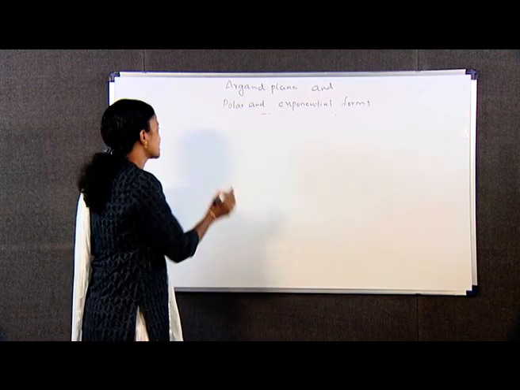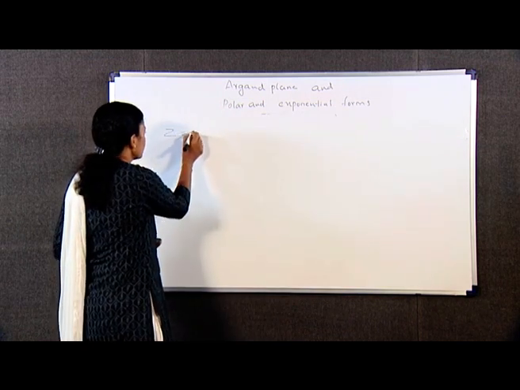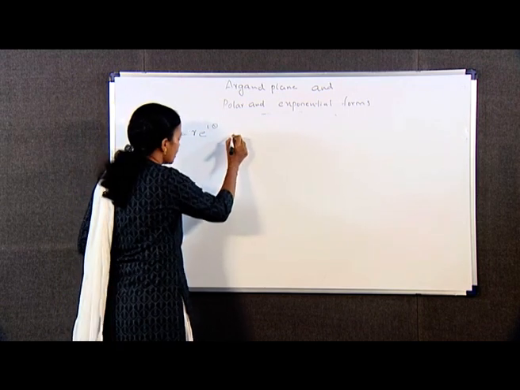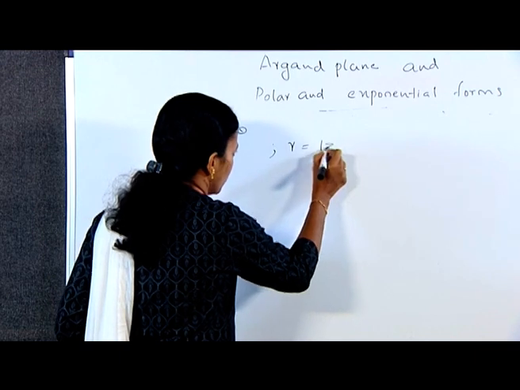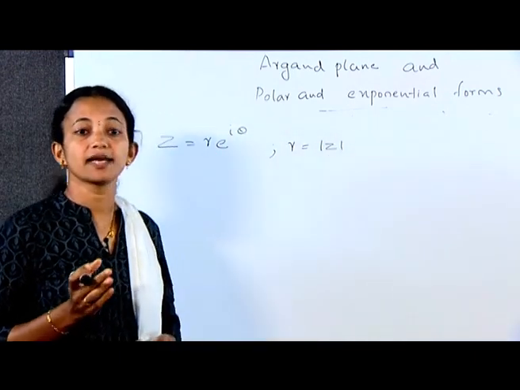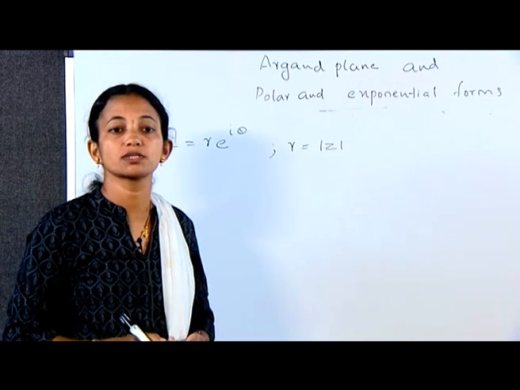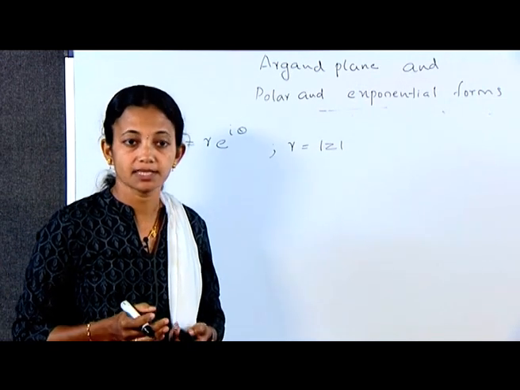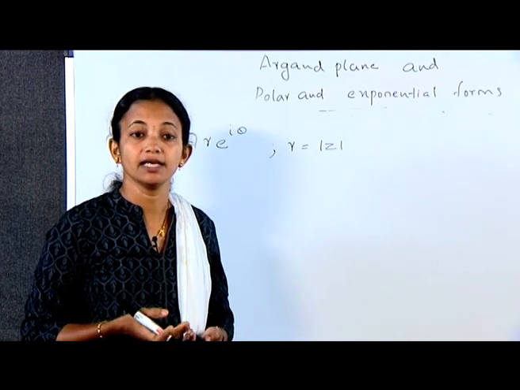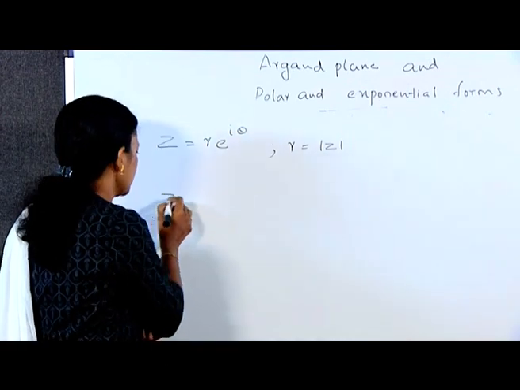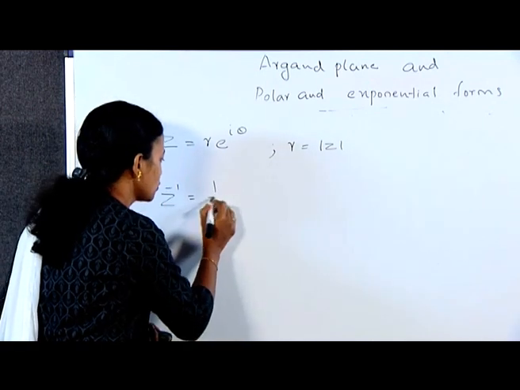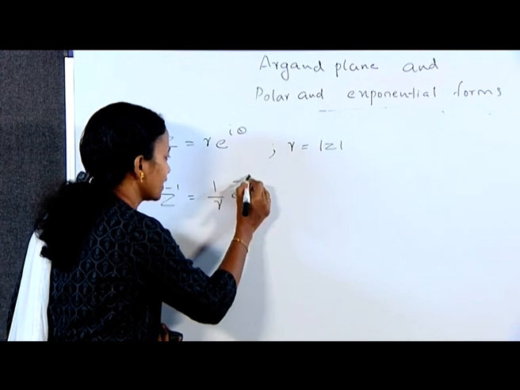We can write Z is equal to R e raised to I theta, where this R is equal to mod Z. If the exponential form of a non-zero complex number Z is Z is equal to R e raised to I theta, then Z inverse is equal to 1 by R e raised to minus I theta.